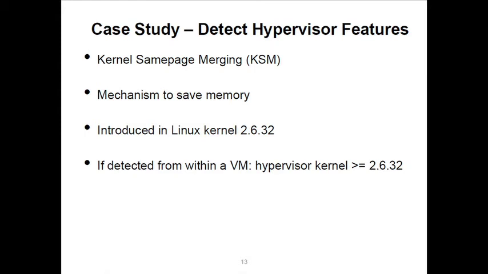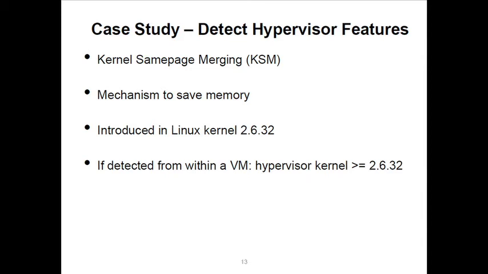So next, I'm going to show two case studies, one about feature detection and one about bug detection. As to the feature detection, I'm talking about the KSM detection. KSM refers to kernel same-page merging. It is a mechanism to save memory, sometimes called memory deduplication or memory sharing.